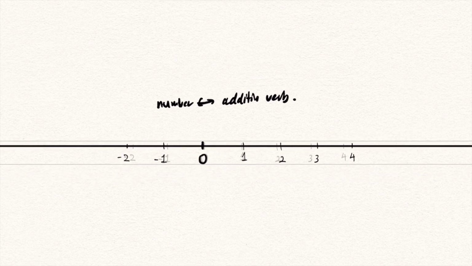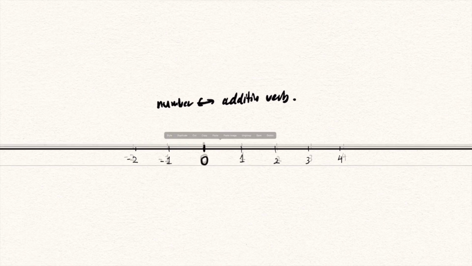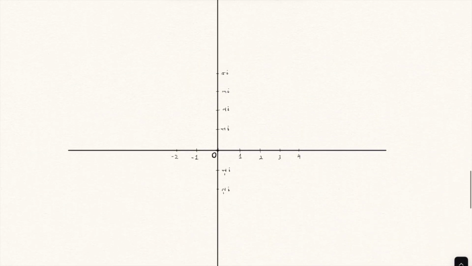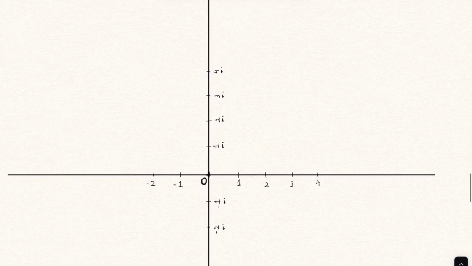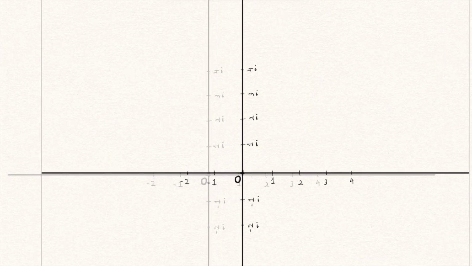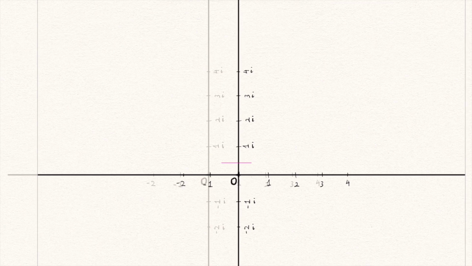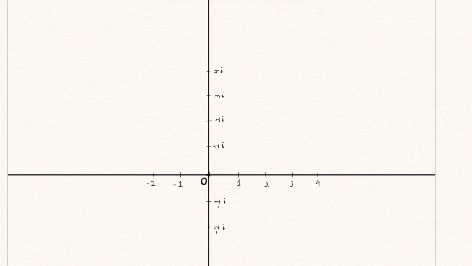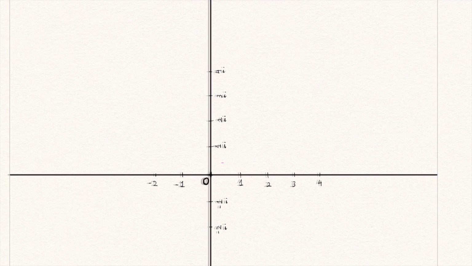And the same picture holds, for example, in the complex numbers. In the complex numbers, we have this same sort of picture. We can move to the right by 1 unit. That is the additive verb corresponding with the noun 1. We can move up by 1 unit. That is the additive verb corresponding with the noun i.